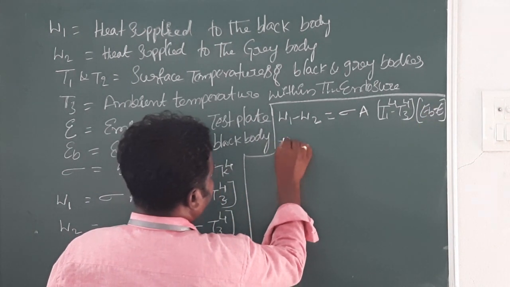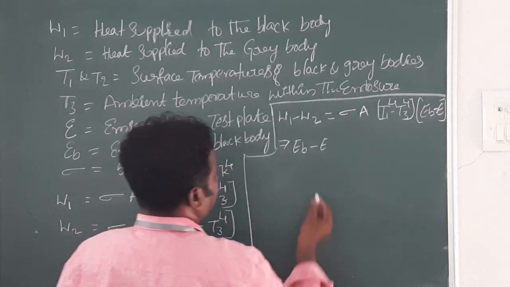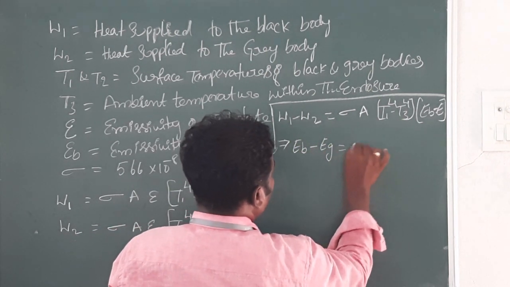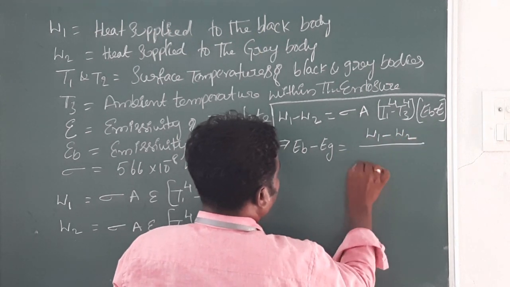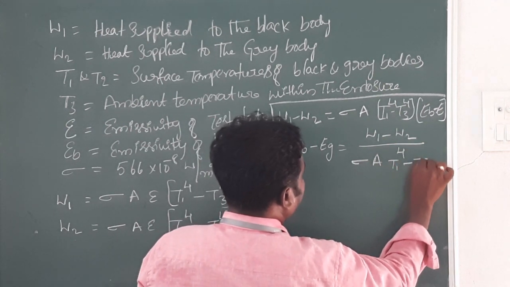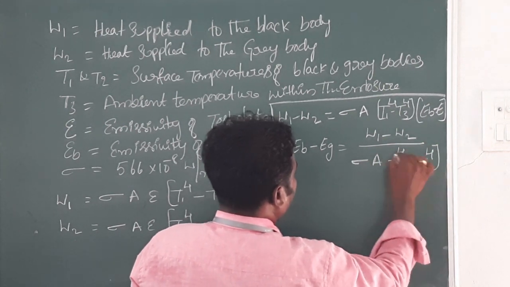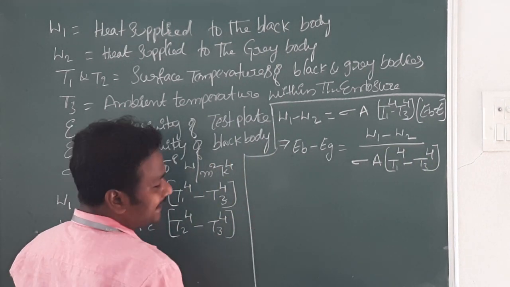So emissivity of gray body equals emissivity of black body minus W1 minus W2 divided by sigma A T1 power 4 minus T3 power 4. We know emissivity of black body is equal to 1.